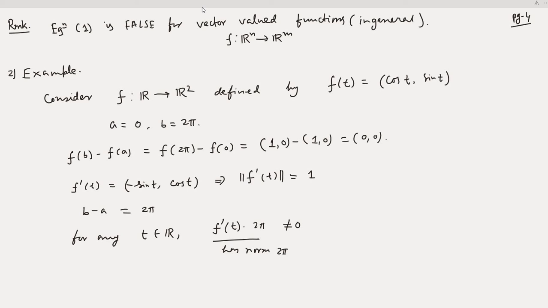So this is not equal to 0. Therefore we have f of b minus f of a not equal to f prime of c acting on b minus a. So this is a counterexample.